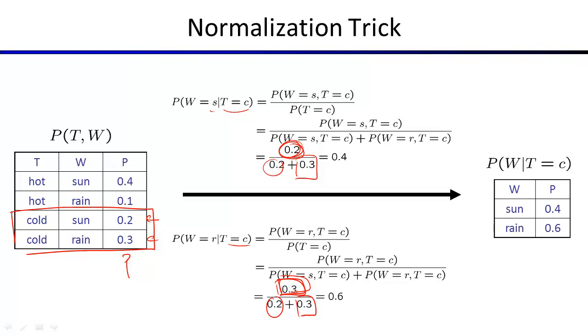I could do the same computation that we just did here by saying, okay, we're interested in this table here, given t equals cold, which is this part of the joint distribution. I'm going to build it up right here.